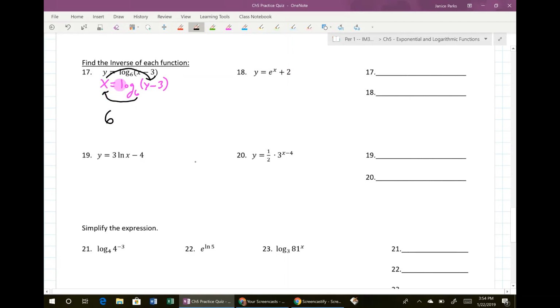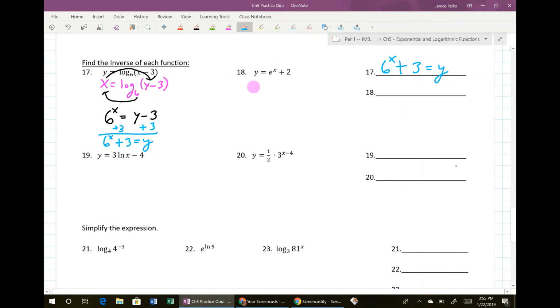The exponent is always whatever is on the other side of the log, and then that equals y minus 3. The last thing we have to do here is solve for y, so we have to add 3 to both sides. You cannot add the 3 to the 6, so it's 6 to the x plus 3 is equal to y. If you want to write the y first, you can. I'm going to go ahead and leave it on the right side. 6 to the x plus 3 is equal to y.